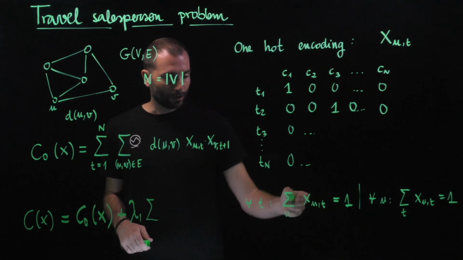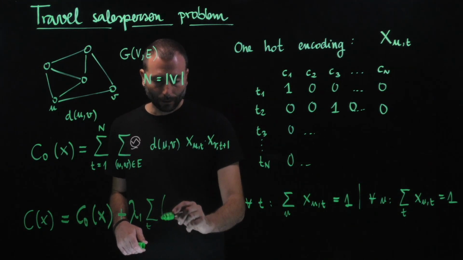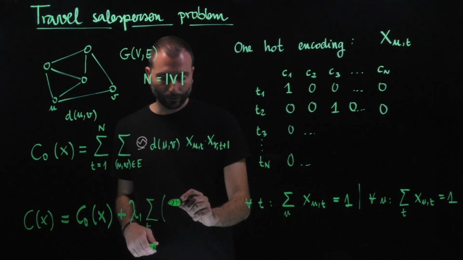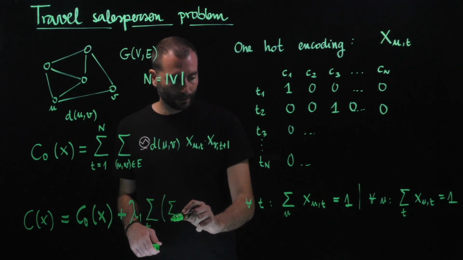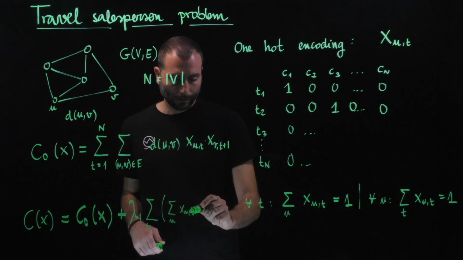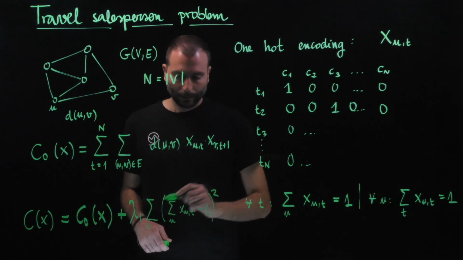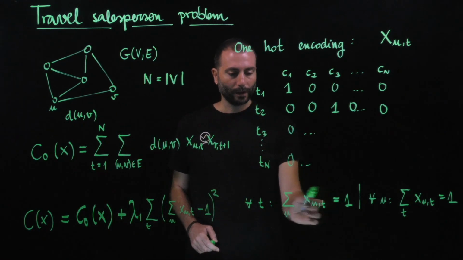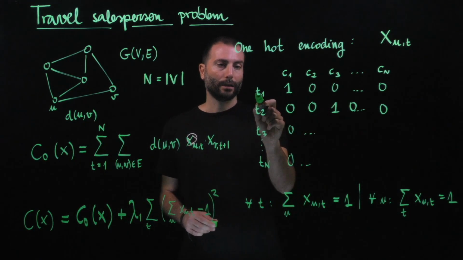These conditions are imposed for all t, where for each of these t, we need to impose the following. So these are n conditions corresponding to the fact that we need to be somewhere at any time.